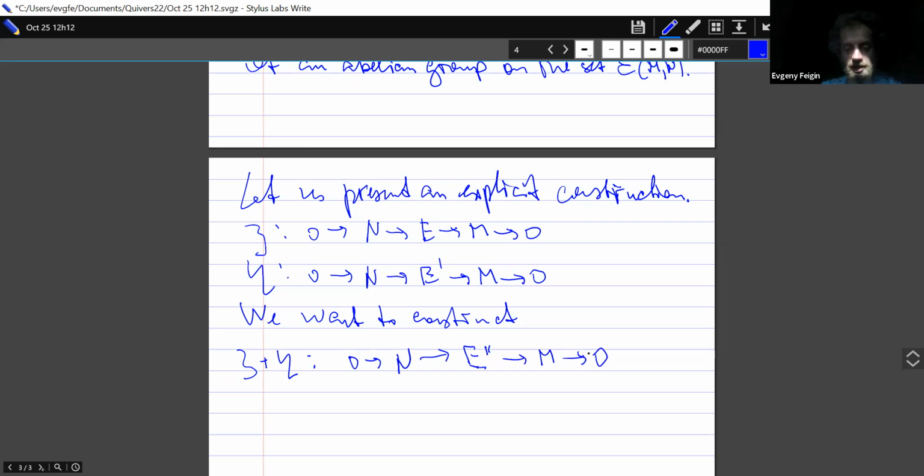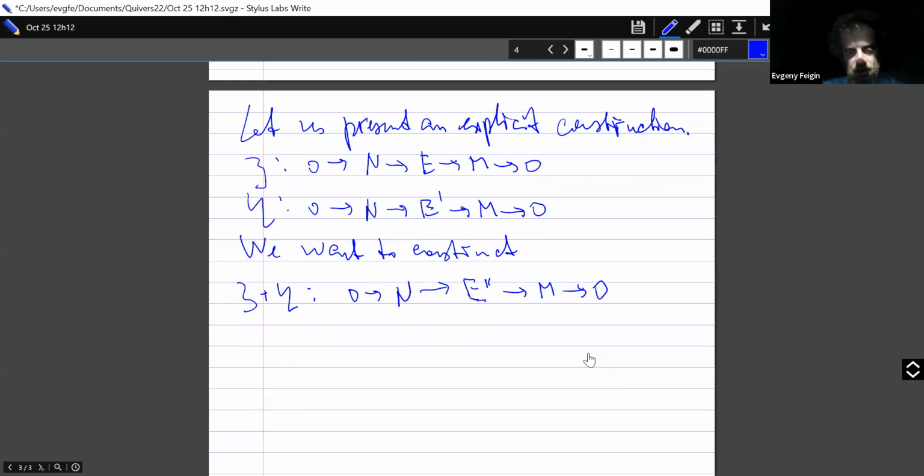So we need to construct E double prime, and we need to construct the maps from n to E double prime and from E double prime to m. So let me use some notations. So I put here u, and I put here v, and here I put u prime and v prime.